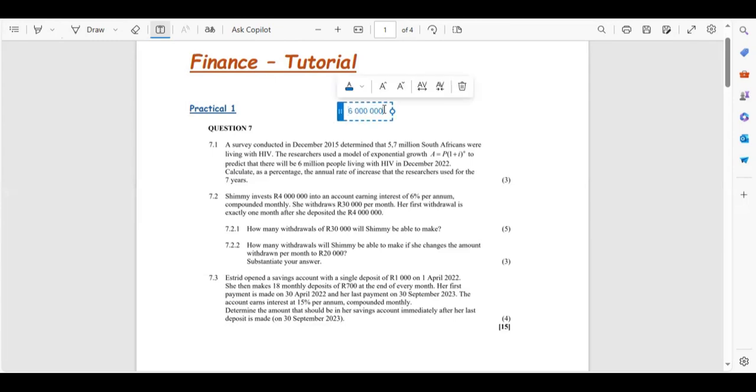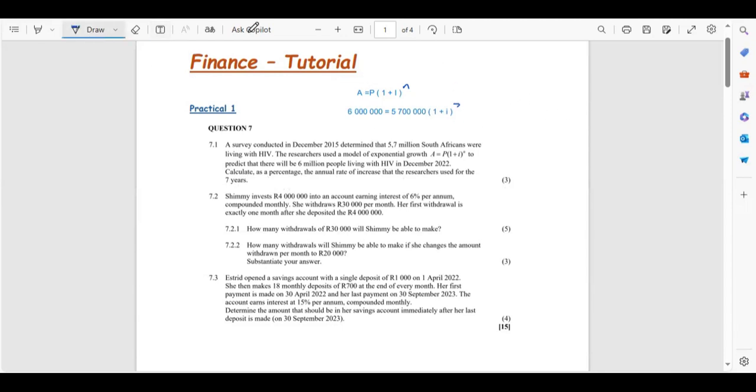Now, this 6 million is equals to my present value, which is 5.7 million, because this is the number of people living with HIV currently in South Africa. So I'm going to say 5,700,000, and then 1 plus, what is the interest? Interest is what I'm calculating, right? So I'm calculating for my I, all to the power N. Now, this research was conducted for 7 years, right? So my N, it will be 7 in this case.